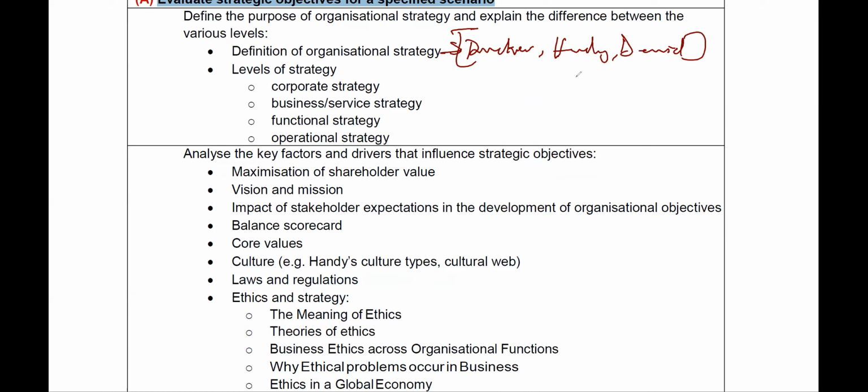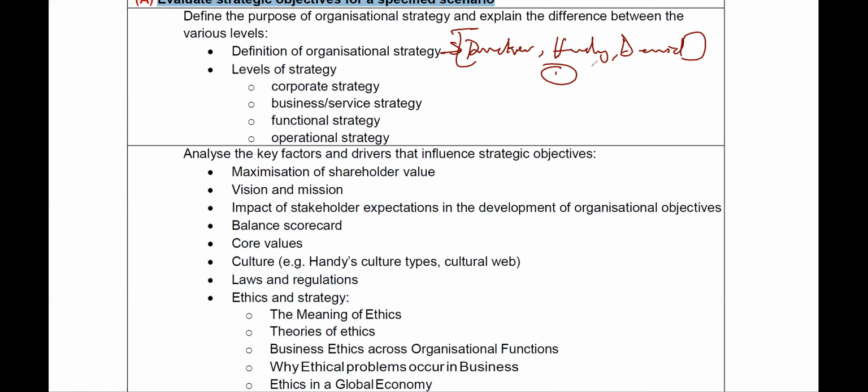So if I should give you a summary, strategy is just what? Your long-term plan, your long-term direction and scope, and how you want to achieve it. The how is the strategy, taking into consideration three things. That's what I'm summarizing for you.